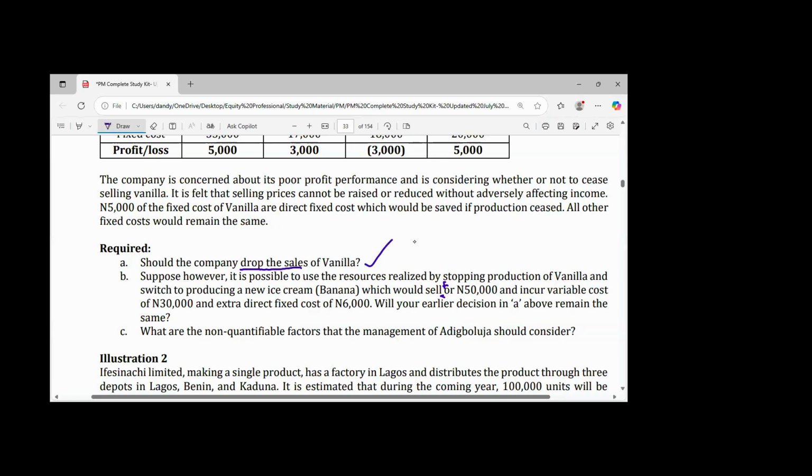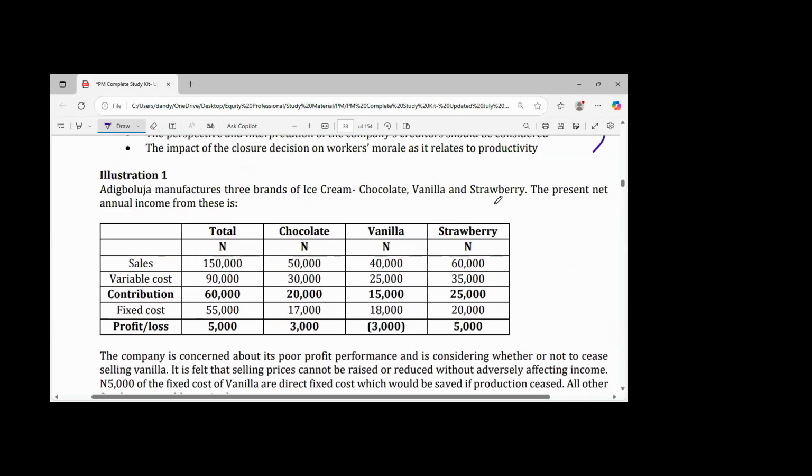Since the company has asked this requirement, it means that vanilla is operating at a loss. When you look at the income statement prepared by the company, you notice that vanilla generated a loss of 3,000 naira. That's why the management is thinking of dropping the sale of vanilla.